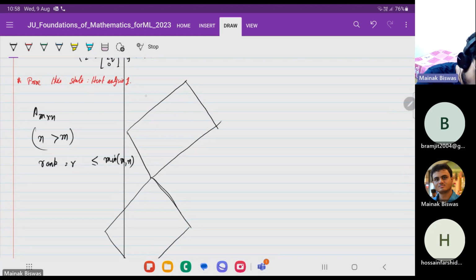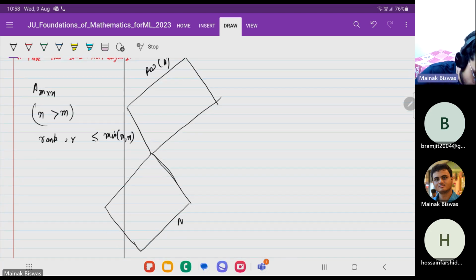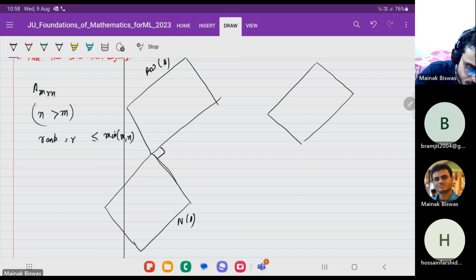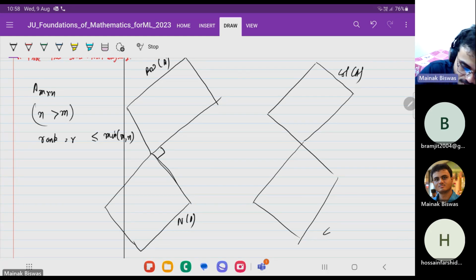Anyways, we know row space of A and the null space of A are perpendicular. We have shown this in the classes many times the last 2 days. And we have also shown column space of A and column space of A transpose to be orthogonal. Yes or no? Right?